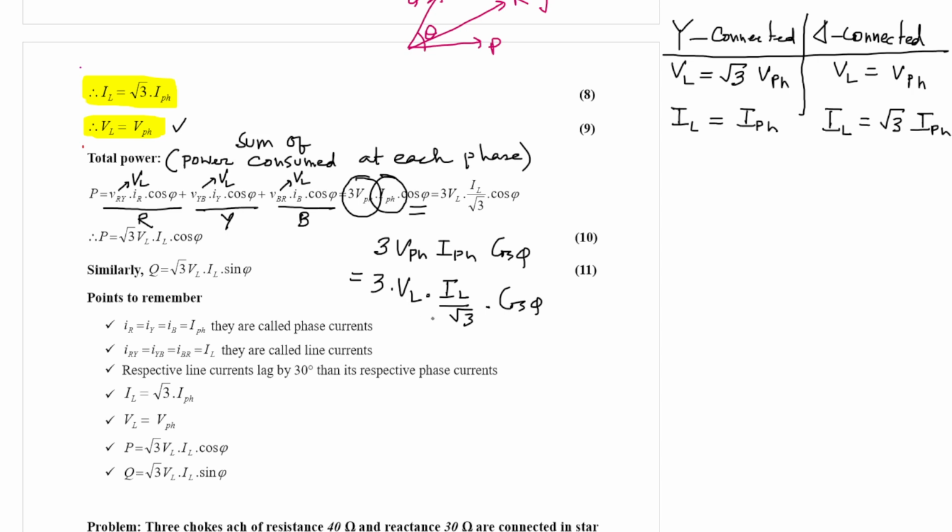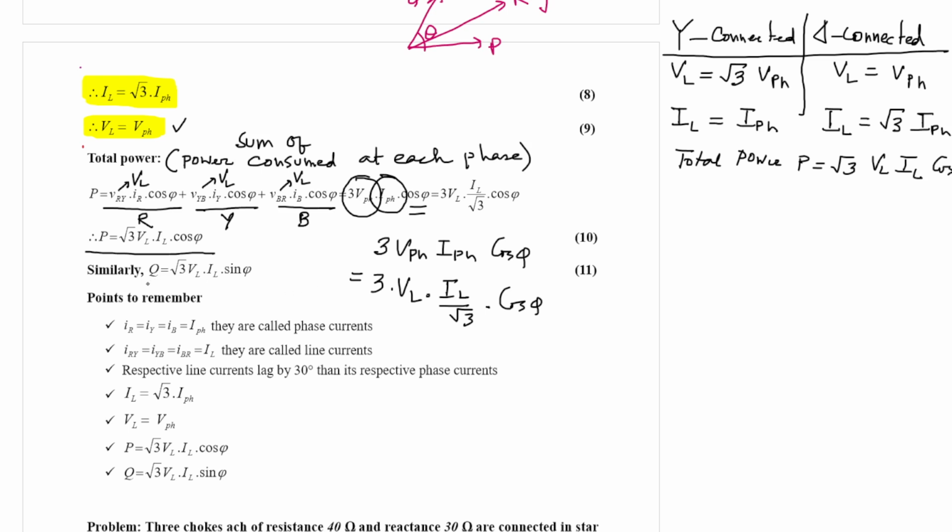So altogether we get root 3 VL IL cos phi. So the total power consumed in a delta connected network is root 3 VL IL cos phi. So in case of a star connected network and a delta connected network, the total power is the same, which is P is equal to root 3 VL IL cos phi.